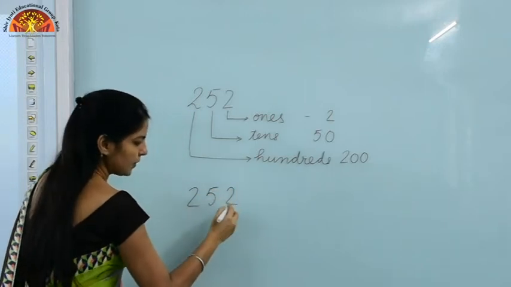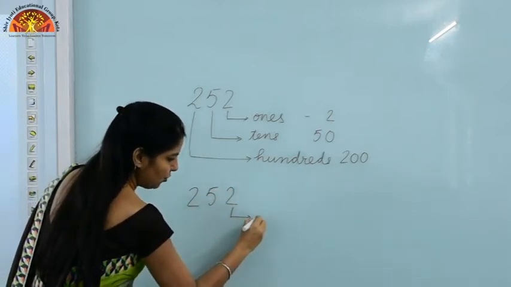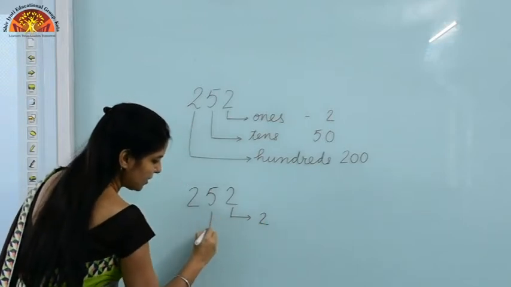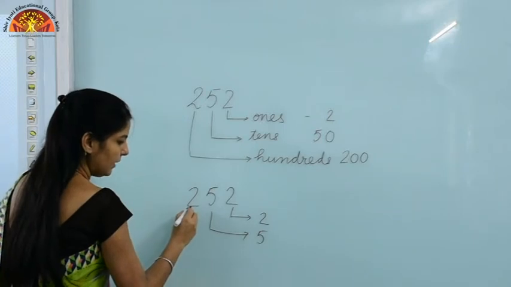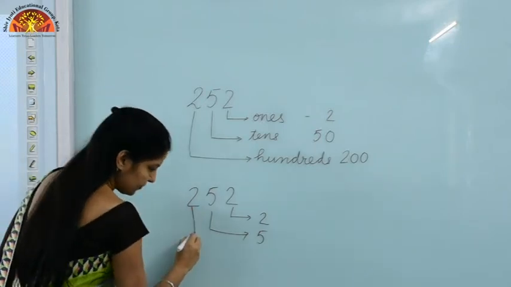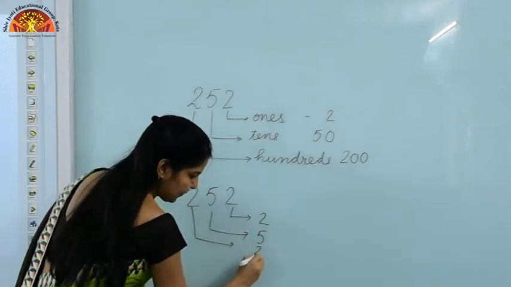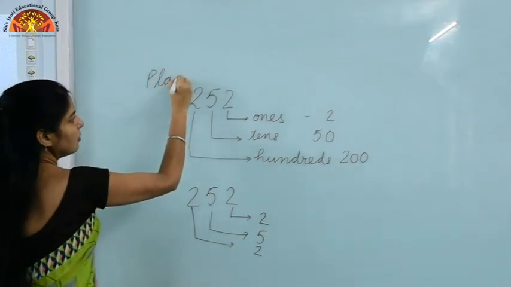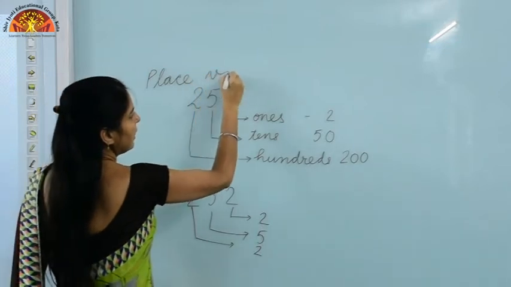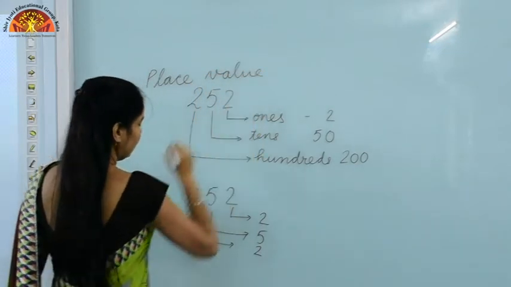The face value of 2 is 2, the face value of 5 will be 5, and again here the face value of 2 will be 2. This is place value and this is face value.